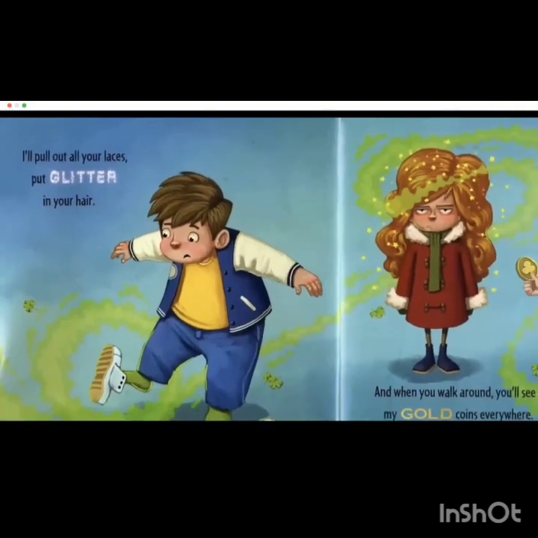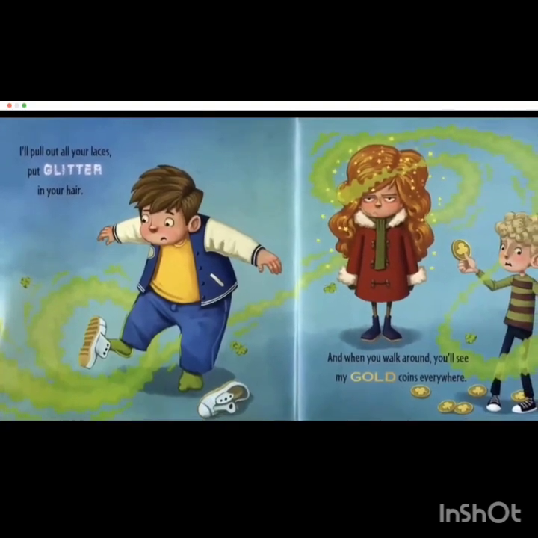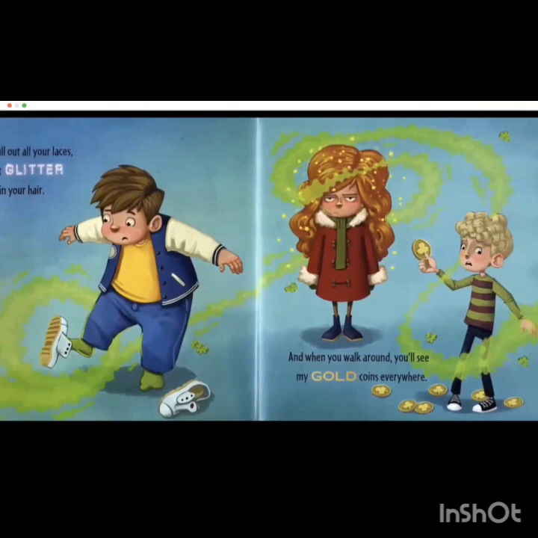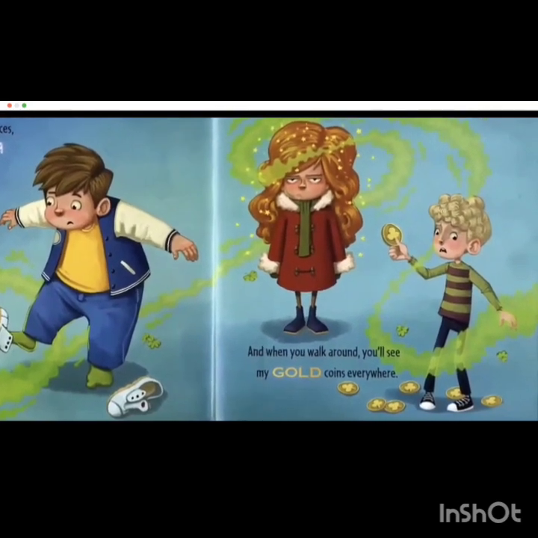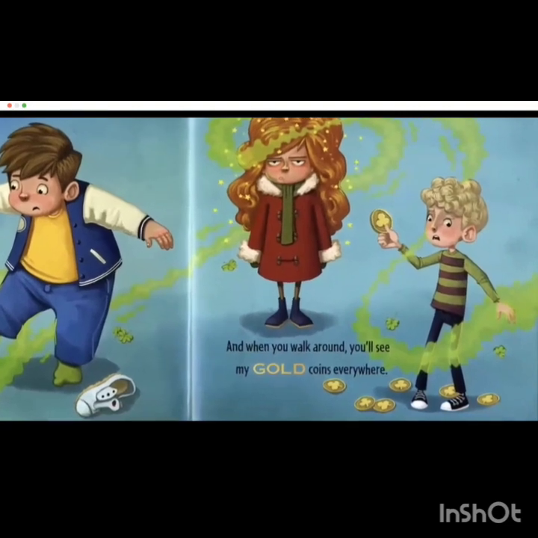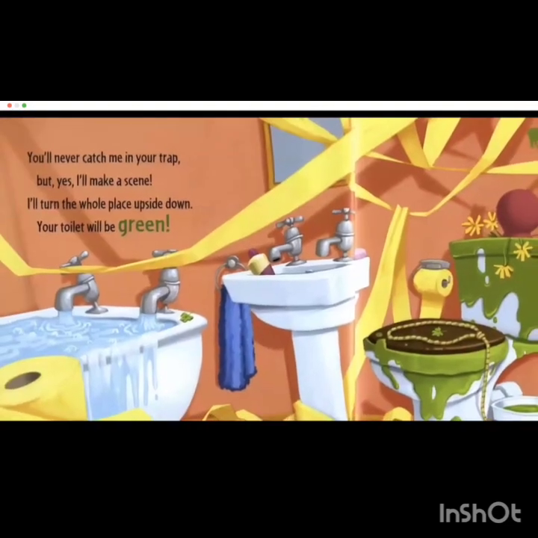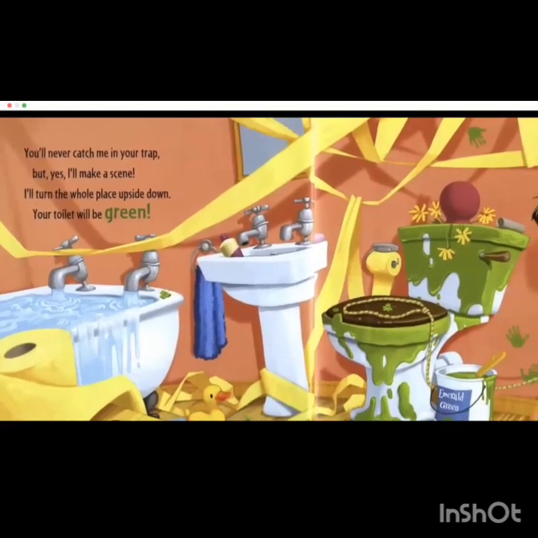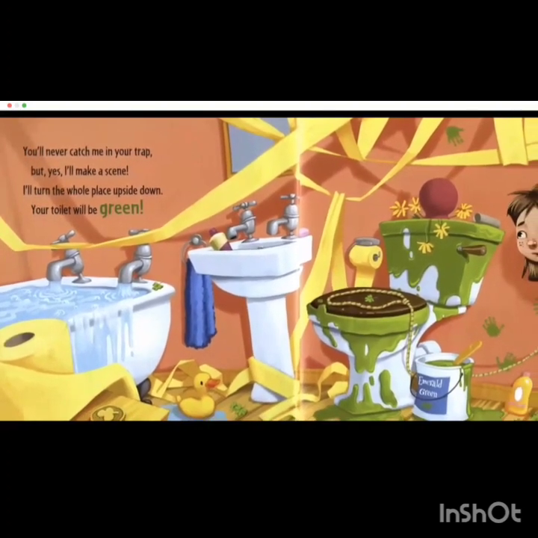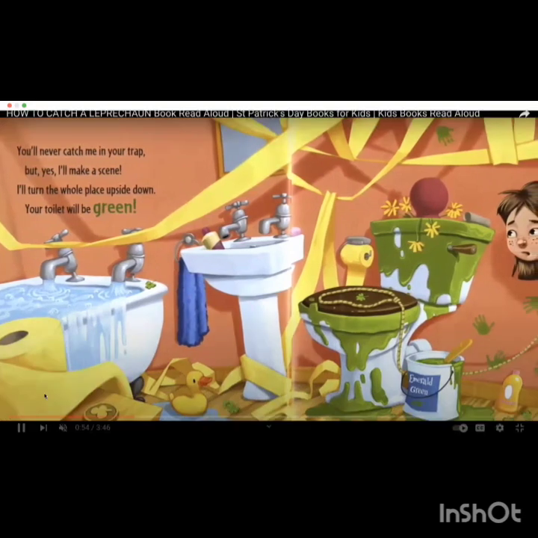I'll pull out all your laces, glitter in your hair, and when you walk around, you'll see my gold coins everywhere. You'll never catch me in your trap, but yes, I'll make a scene. I'll turn the whole place upside down. Your toilet will be green.